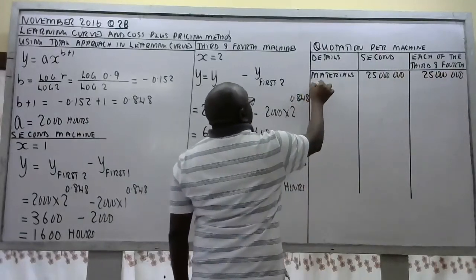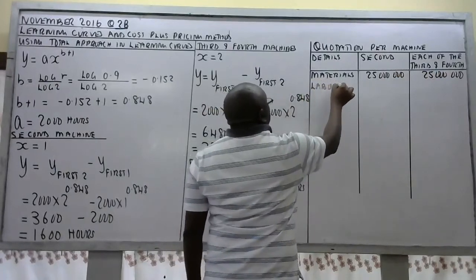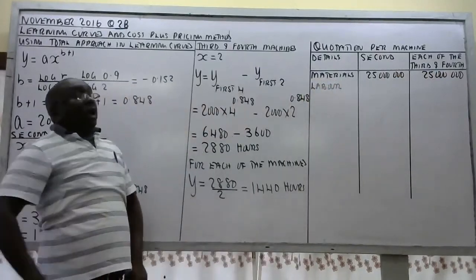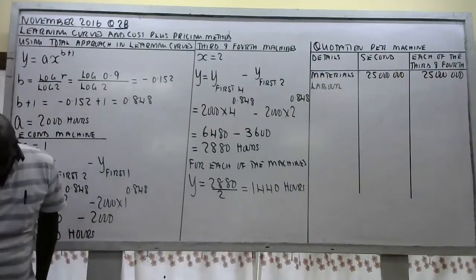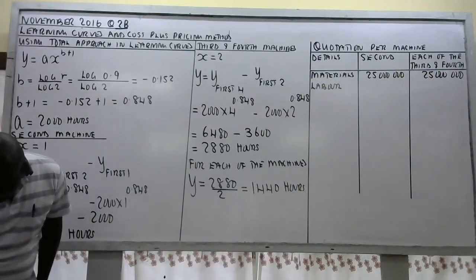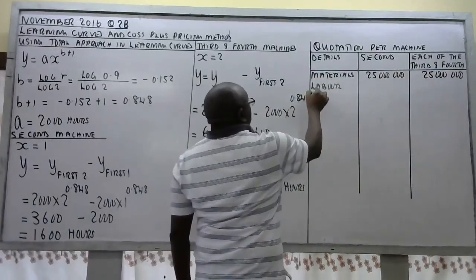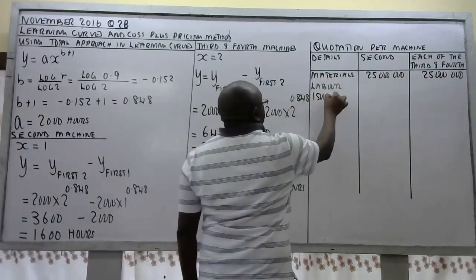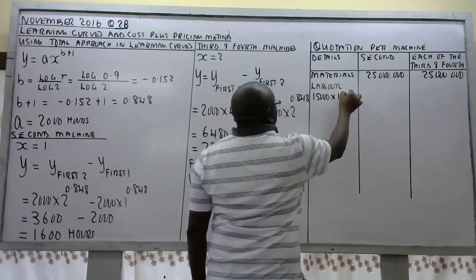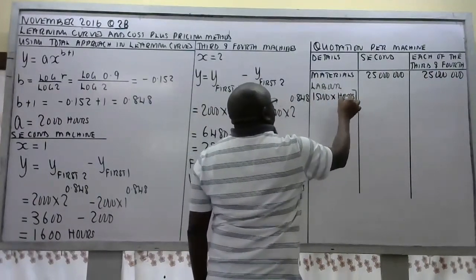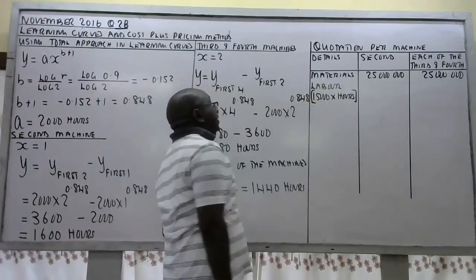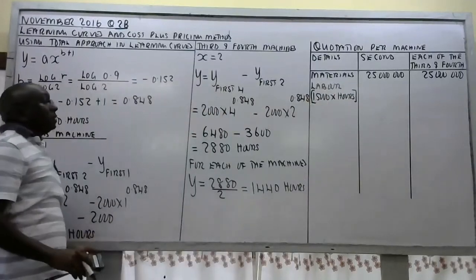Then we have labor, and labor will be 15,000 times the hours.